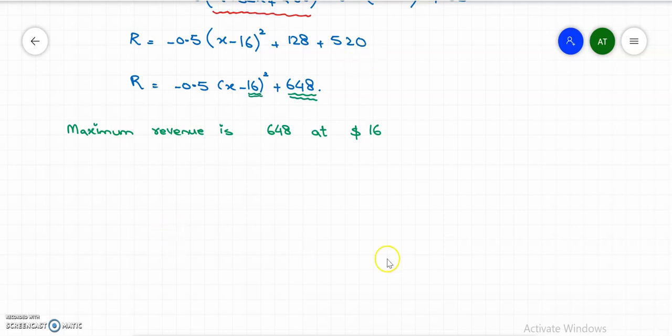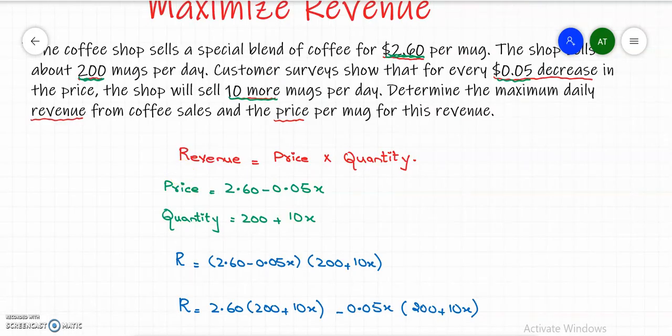Now let's see the second part of the question, what they said. In the question they said we need to determine the maximum daily revenue from the coffee sales. We have done the maximum daily revenue, that is 648, and the price per mug for this revenue. We need to find the price as well, and the price we have got is $16.